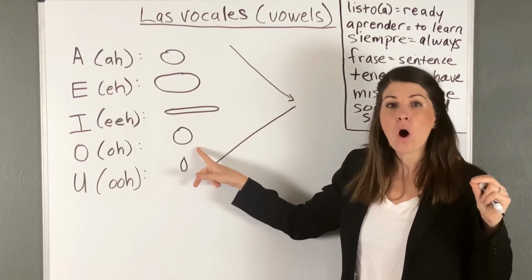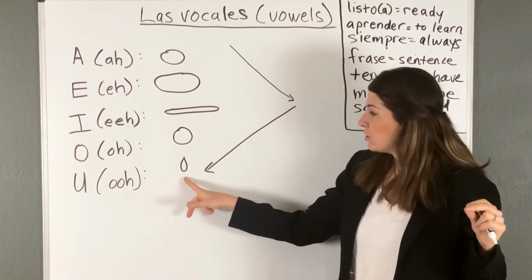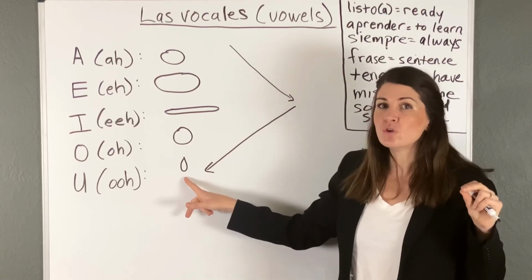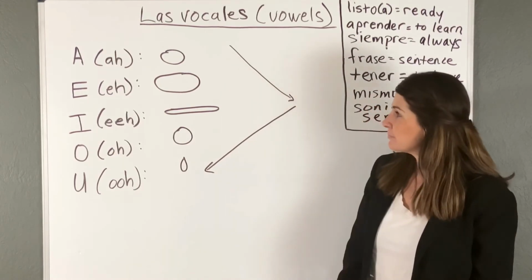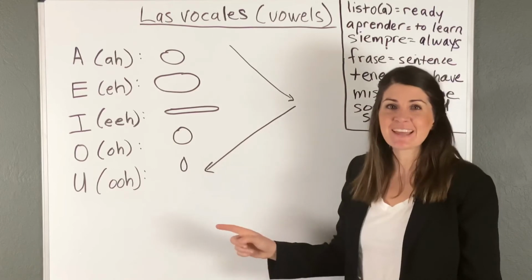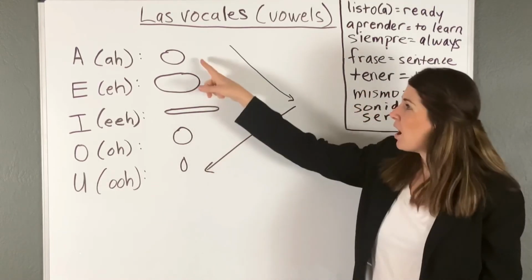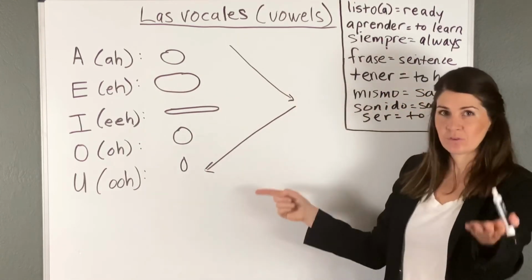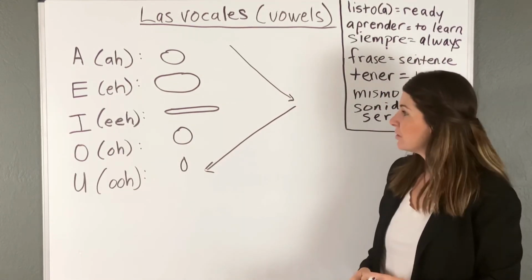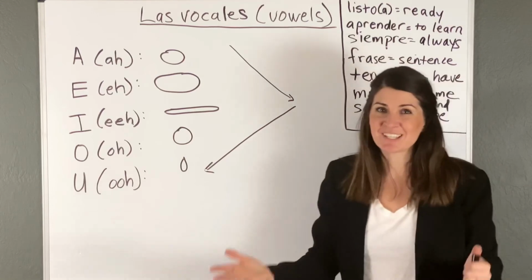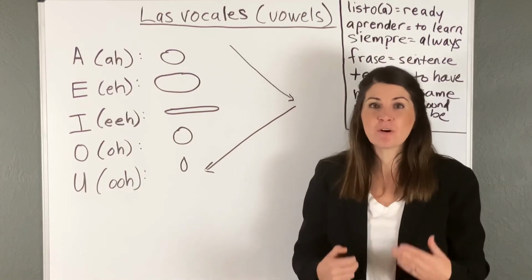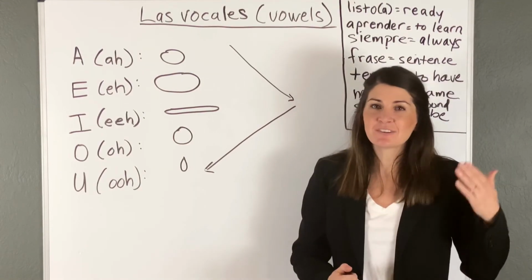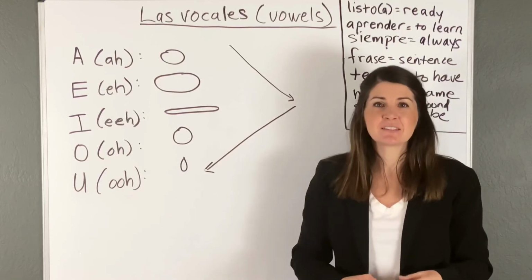O, U. I'll do all 5 at once and then you try after. A, E, I, O, U. Fantástico.